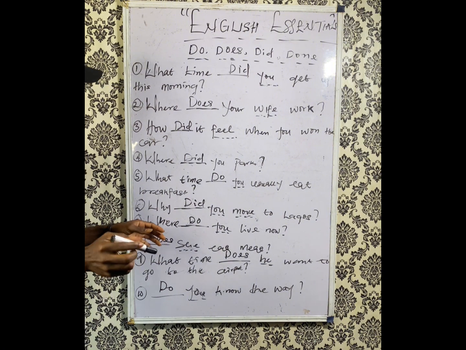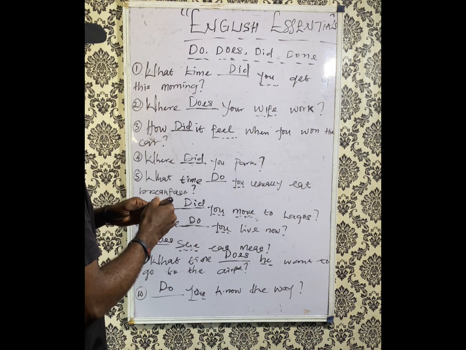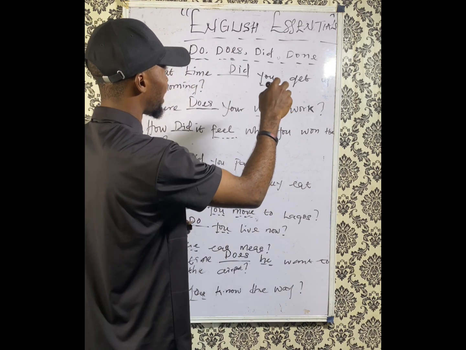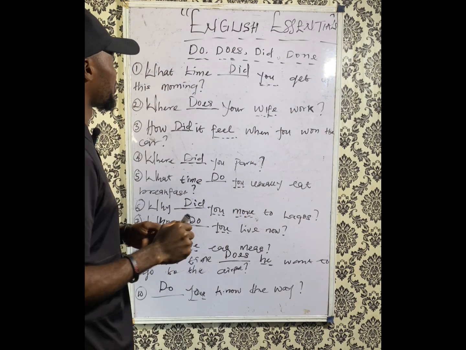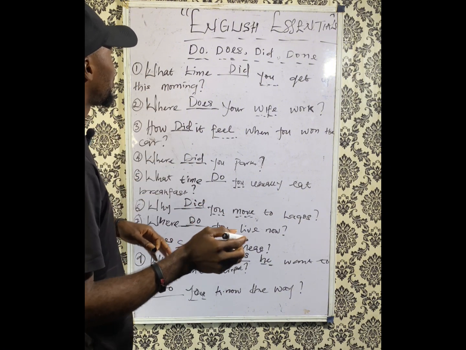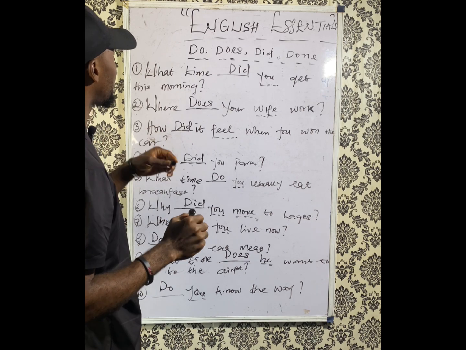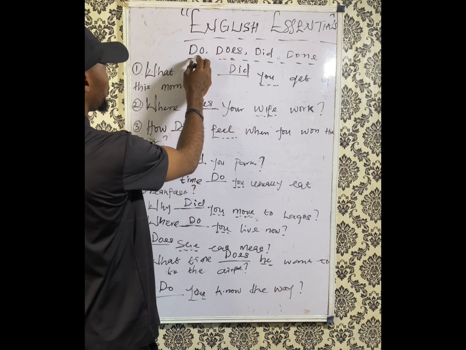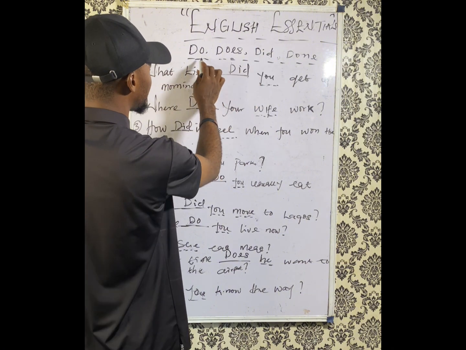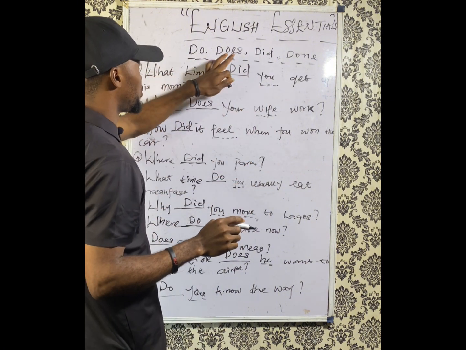So I believe by now you have been able to understand the concept of do, does, did, and done. And henceforth, when you are making a sentence or you are writing anything, always make sure you abide by the rules. Let me recap. The first one says do is plural, does is singular, did is the past tense of do and does, while done is the past participle form of both.